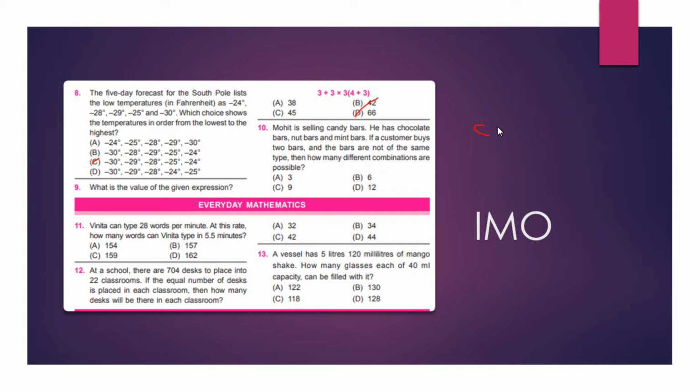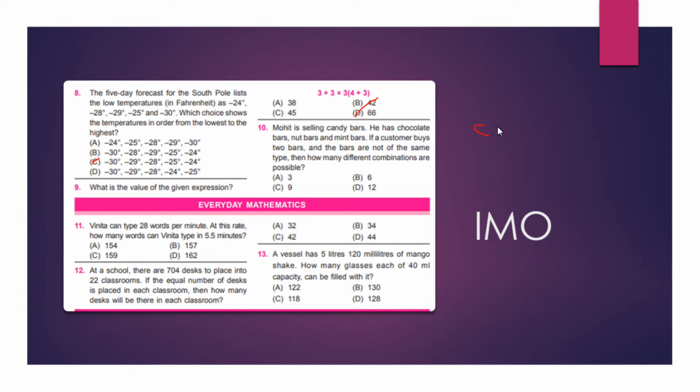If a customer buys 2 bars and the bars are not of the same type, how many different combinations are possible? So just combinations. You should think in a logical way to answer this question.